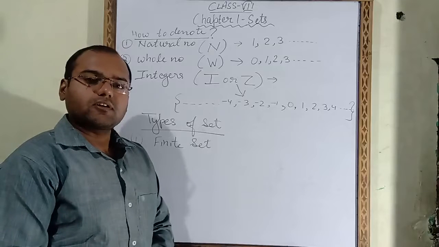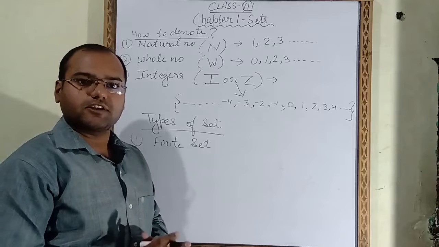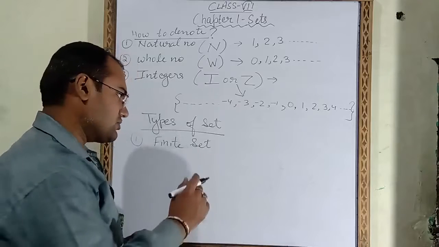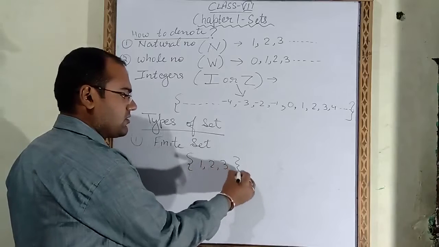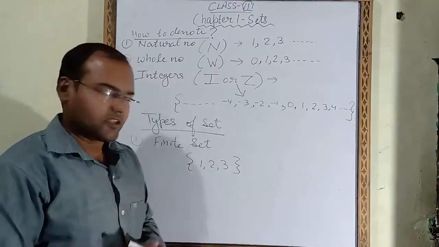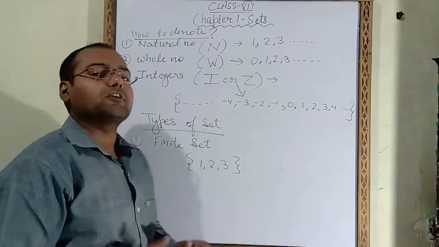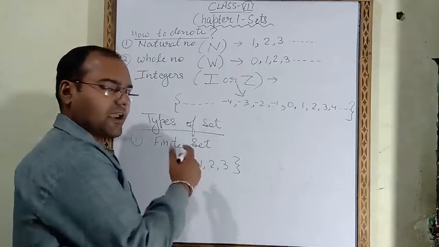If the members of a set can be counted, then we can say it is a finite set. Suppose I had written here 1, 2, 3. In this set we can easily count how many numbers there are. 1, 2 and 3. How many numbers are there? 3 numbers are there. So it is a finite set.